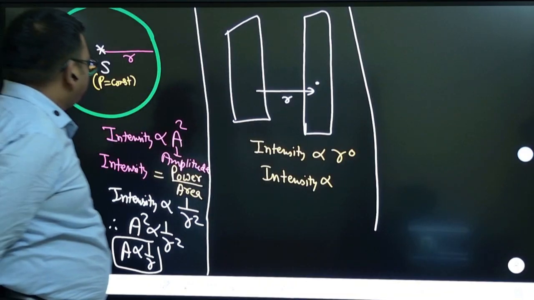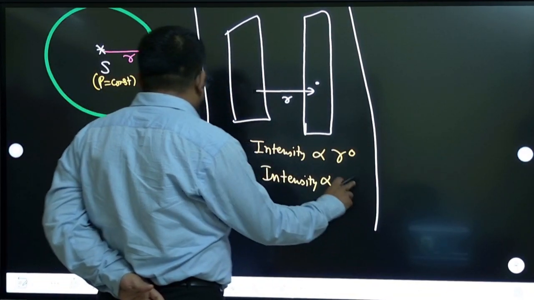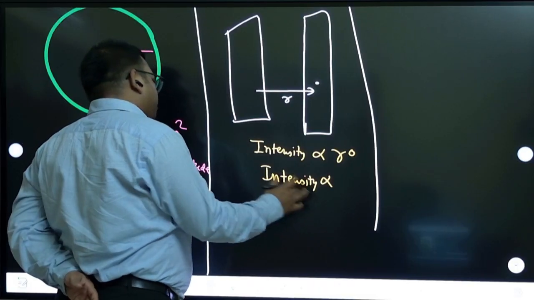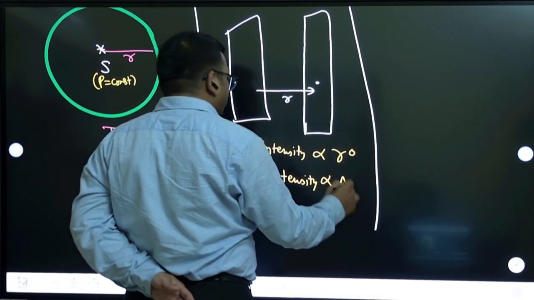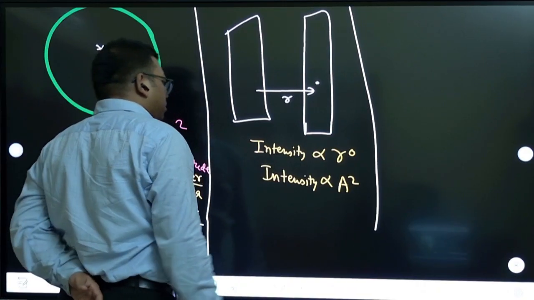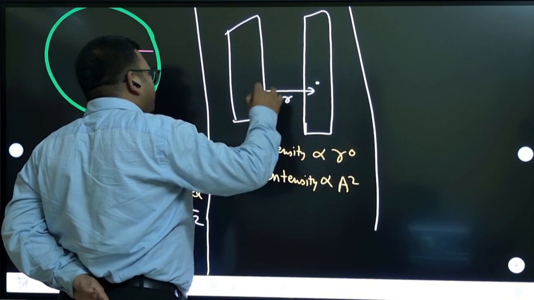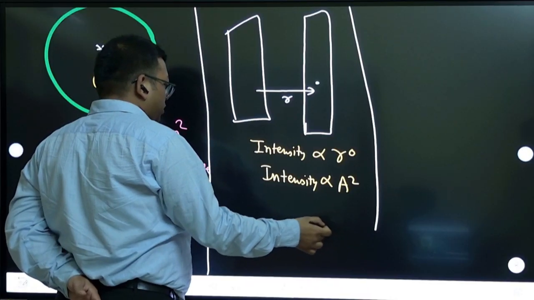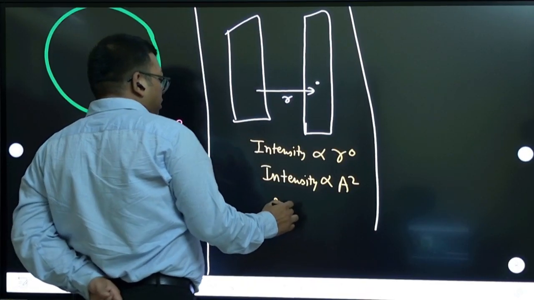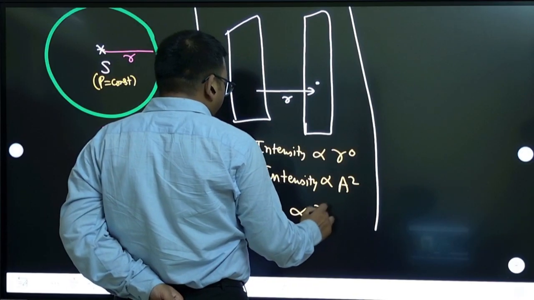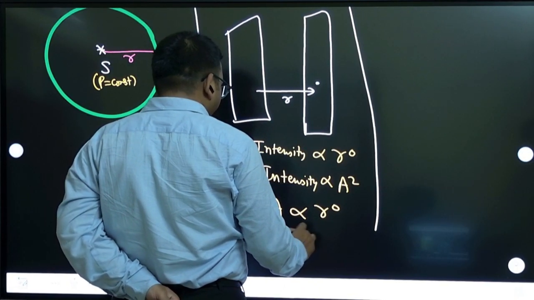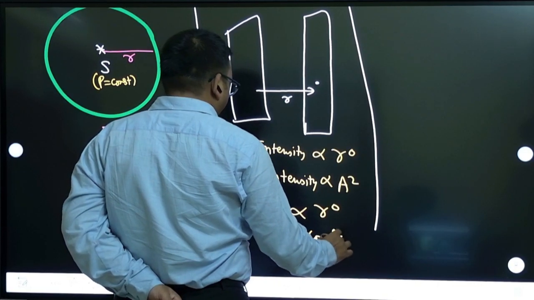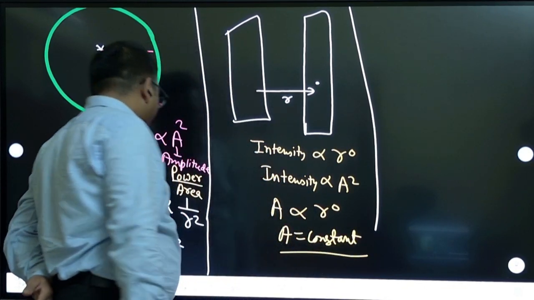If you want, you may write intensity is proportional to A square, but remember that this formula of amplitude square is always correct. When you go from here to here, the amplitude of vibration does not change. So this is proportional to r power 0, meaning amplitude remains constant. Amplitude doesn't change.